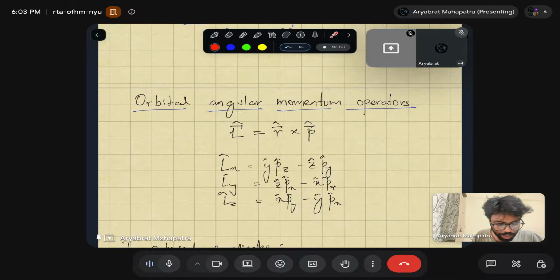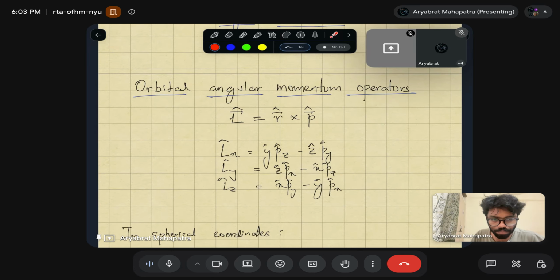So orbital angular momentum. You know from your classical dynamics course that this is defined to be the cross product of the position and momentum vectors. From canonical quantization, the first principle of quantization, in quantum mechanics we promote them to operators. So classically how we used to define angular momentum, now this will become an operator.